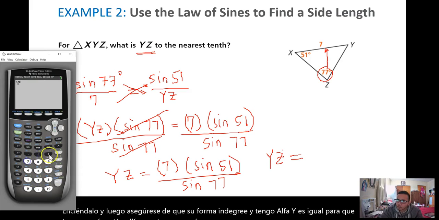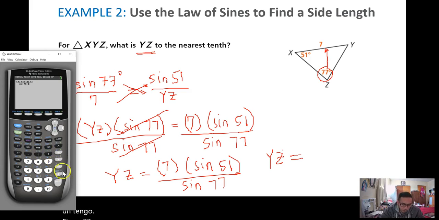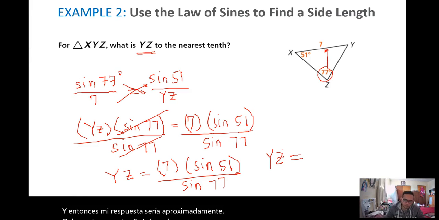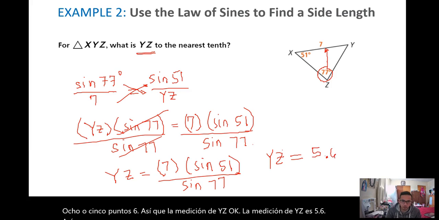Open parenthesis 7, and then another open parenthesis sine 51. Then I'm going to close that twice, and then go down, and I have sine 77. My answer would be approximately 5.58 or 5.6. So the measurement of YZ is 5.6.